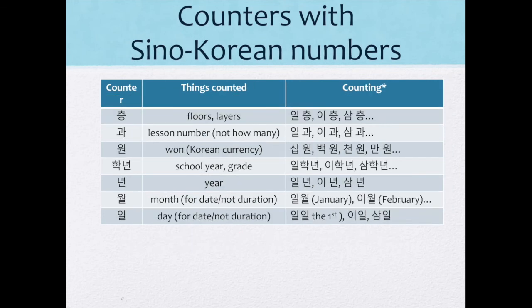You knew that. How about Sino-Korean numbers? 층, floor, as in a building. 1층, 2층, 3층. 과, in this case, not how many, like I've read 3 chapters.